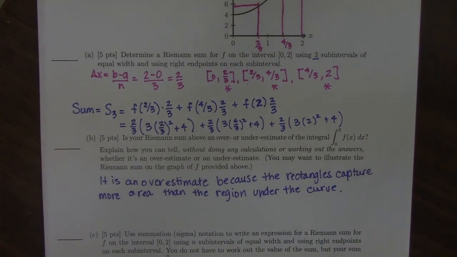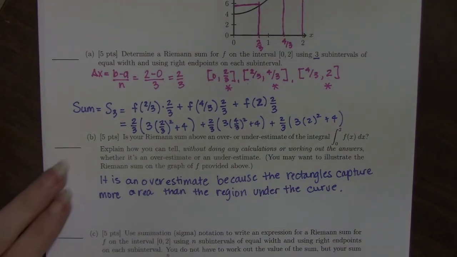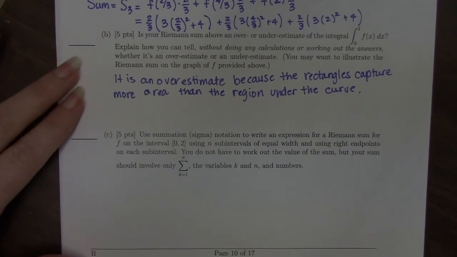All right, then part C says, use sigma notation to write an expression for a Riemann sum on the interval using n subintervals of equal length using right endpoints. You do not have to work out the value of the sum, but your sum should only involve sigma, k, n, and numbers. We've already done a little of the pre-work here.